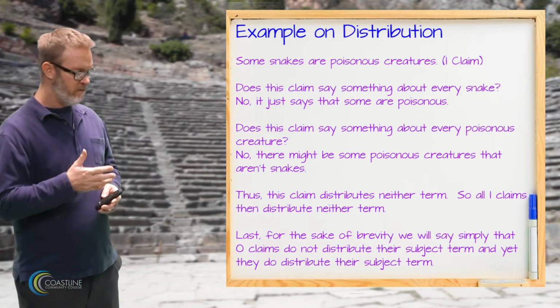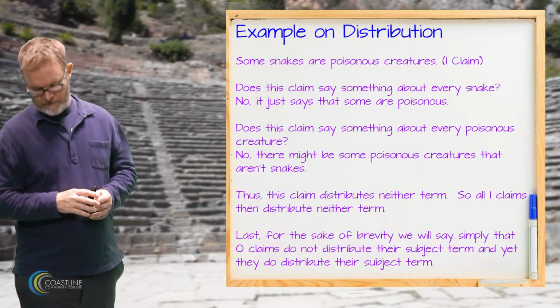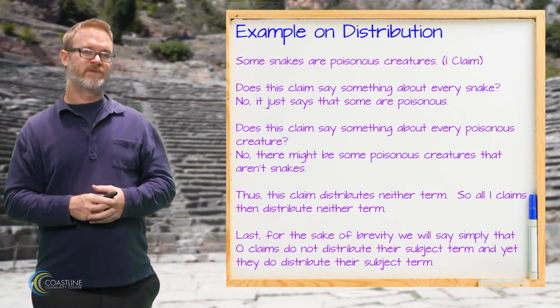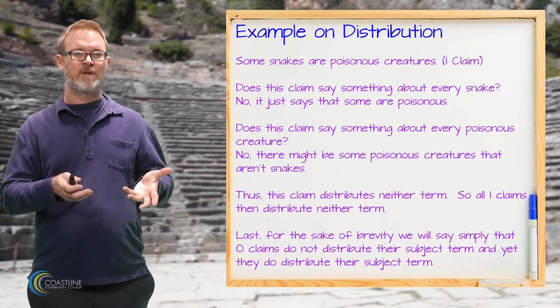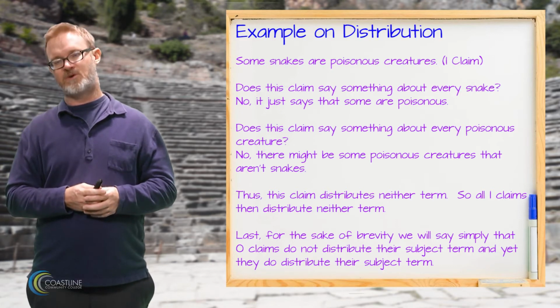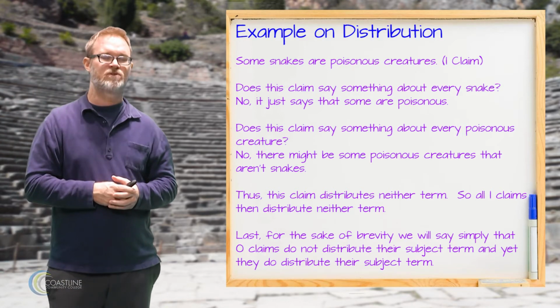It doesn't say something about every single snake because it's just talking about some of them, right? And of course, there could be lots that aren't poisonous. So the term snakes is not distributed by the I claim, some snakes are poisonous creatures. Now, what about the term poisonous creatures, the predicate here? Is that distributed?